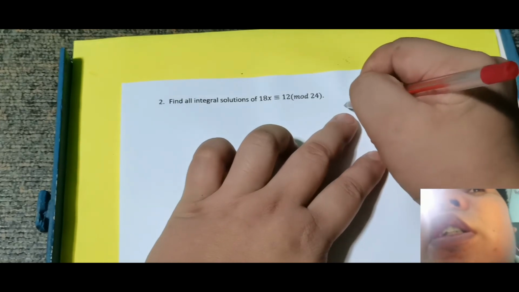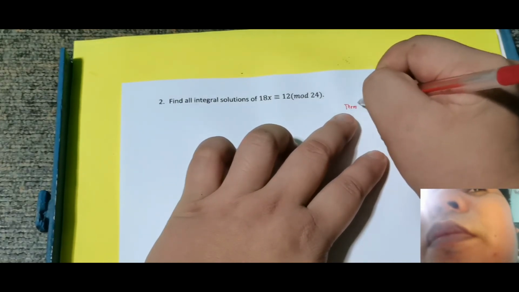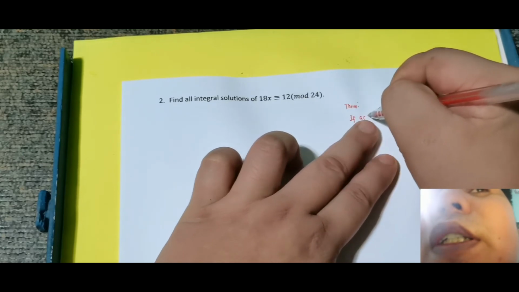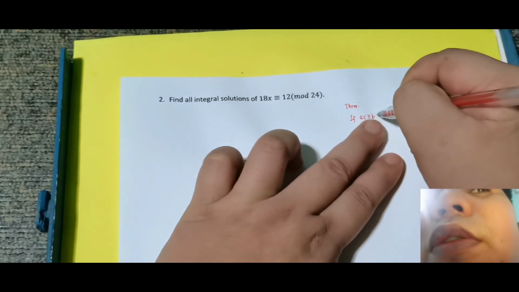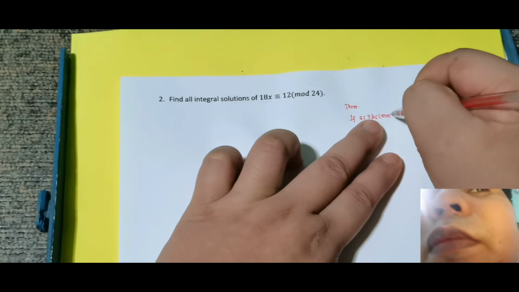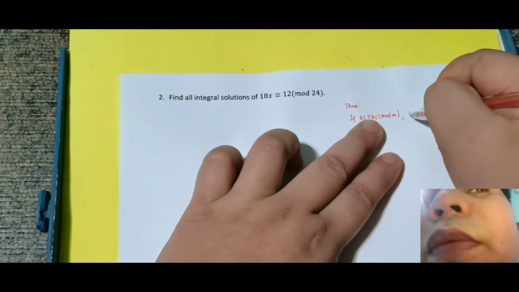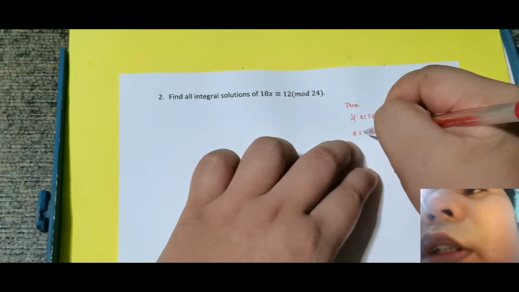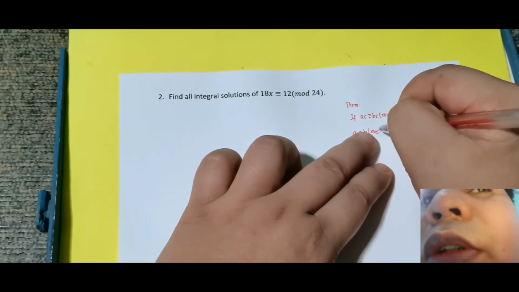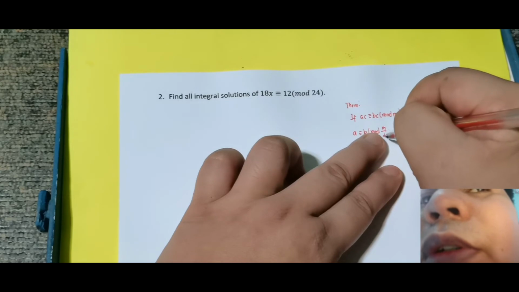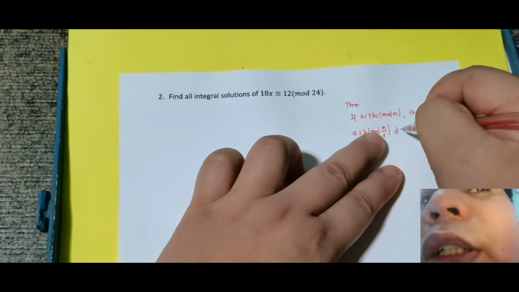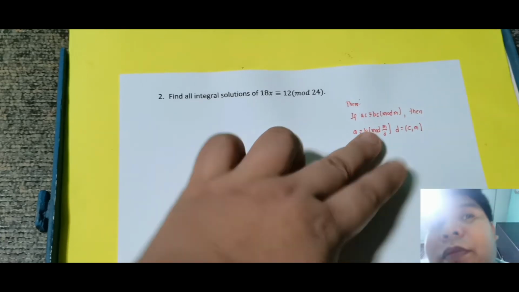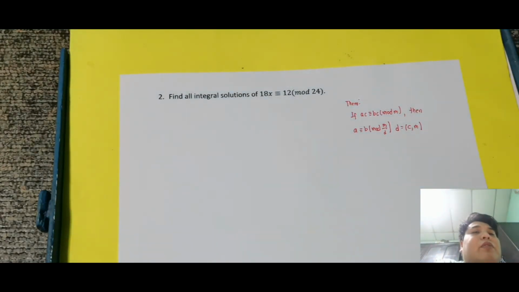So, if AC is congruent to BC mod M, okay, then A is congruent to B mod M over D, where D is equal to the GCD between C and M. Okay, so possible yan dito.